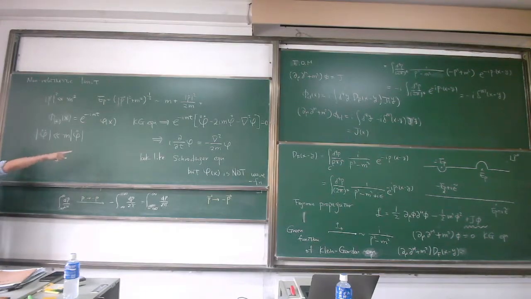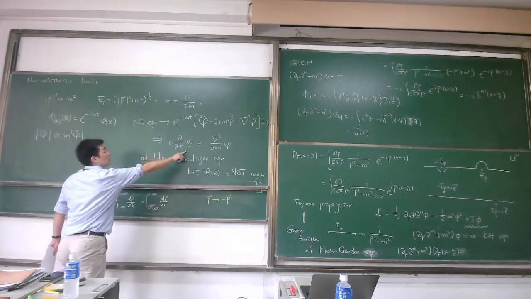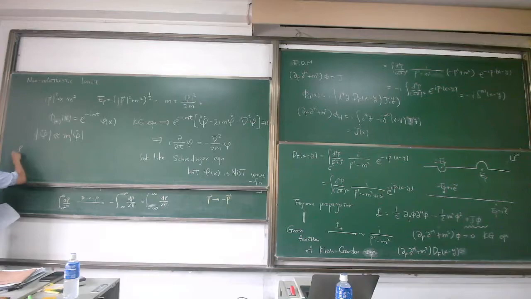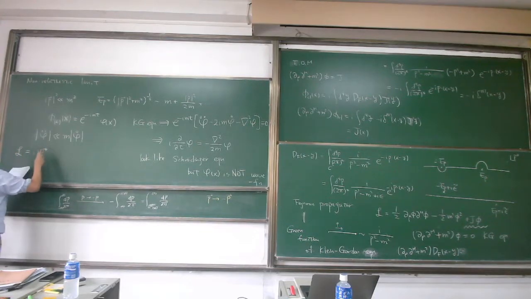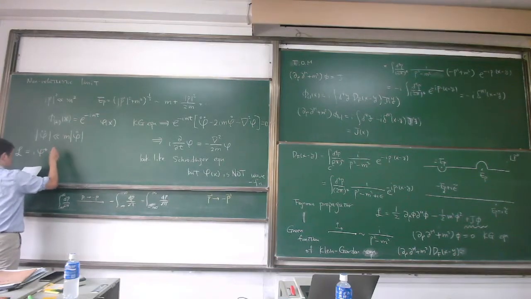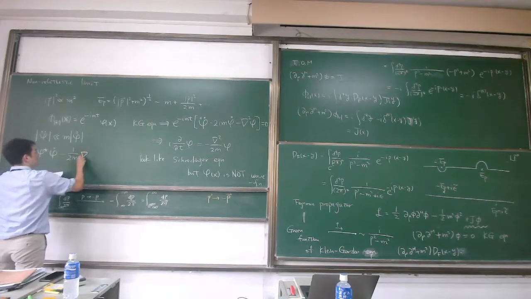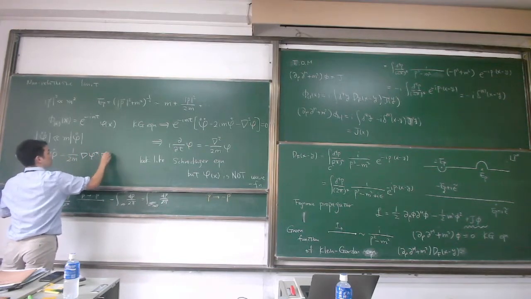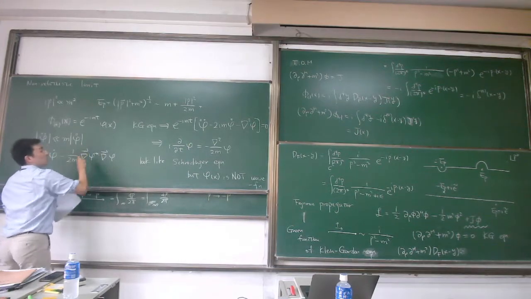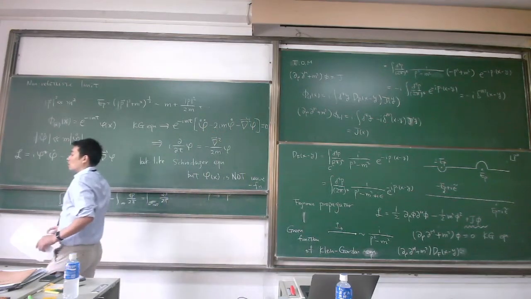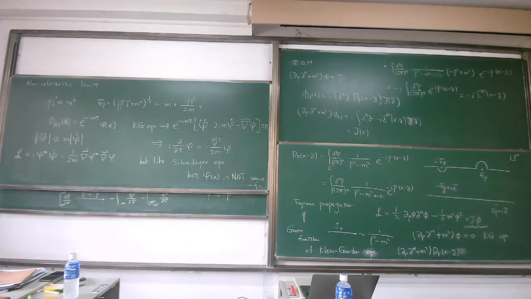To get this equation, we need the following Lagrangian. So we introduce a conjugate field phi star, and then minus, maybe I should write it this way.